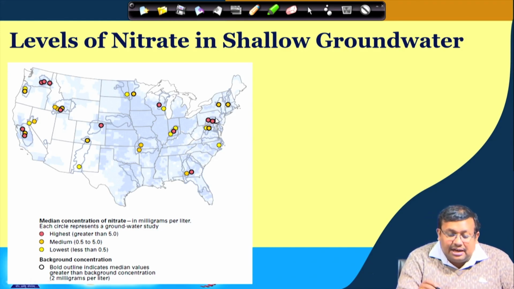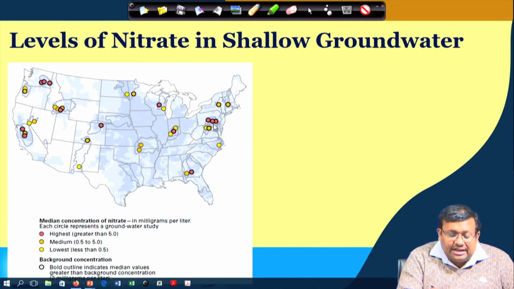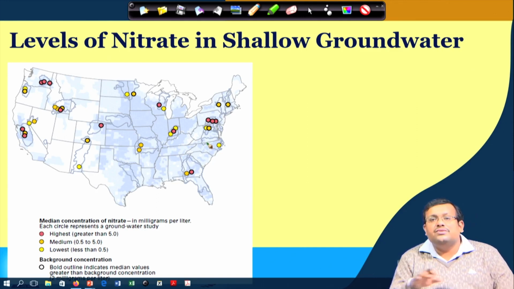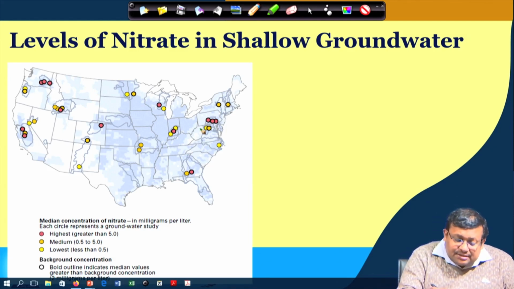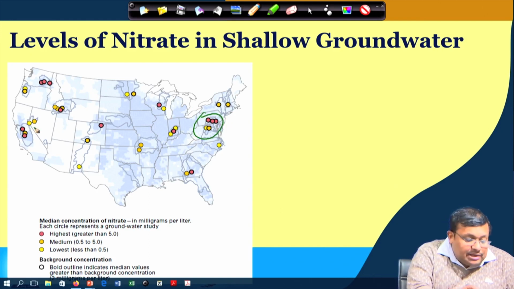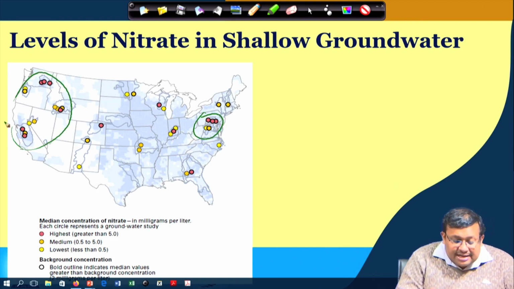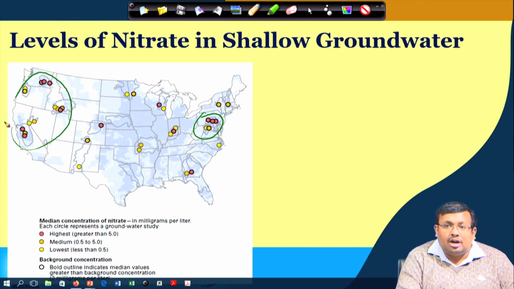For example, these red dots, and these yellow dots surrounded by a bold outline, basically indicate the median values in these areas exceeded the local background concentration, which is considered as a reference value. These trends can be seen in the eastern parts of the United States as well as some western parts. The southern parts of the United States do not show much nitrate contamination.